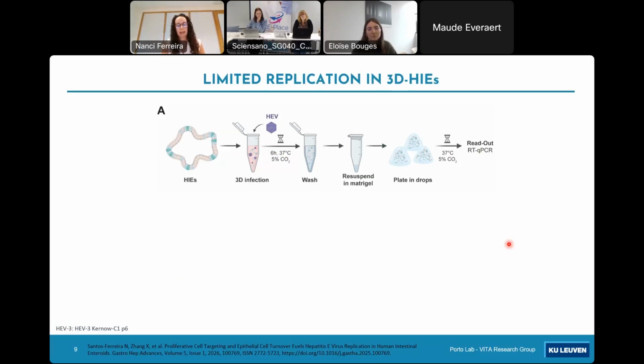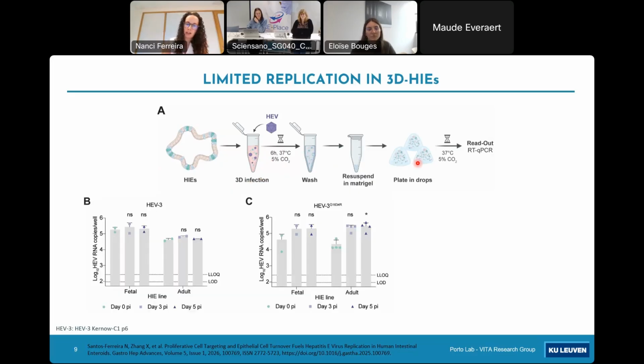We began by infecting differentiated 3D enteroids, a method that was also very successful in our lab for other gastroenteric viruses. To do this, we fragmented the enteroids, mixed them with the virus in suspension, incubated, then washed the unbound virus, and the infected enteroids are plated again in an extracellular matrix, such as Matrigel, for example.